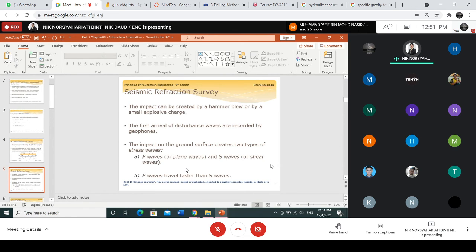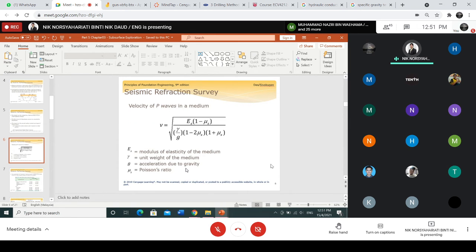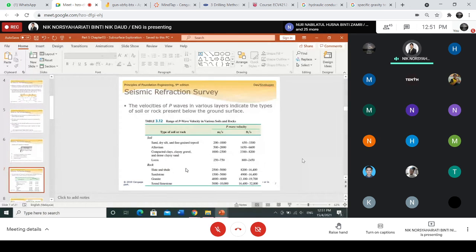This is again, if you still remember your physics subject in secondary school, applied for this method, right? So the velocity of the P wave you can calculate using this equation, which correlates with the modulus of elasticity, the unit weight of the soil, and some other parameters, which is the Poisson's ratio. So this one is the related table.